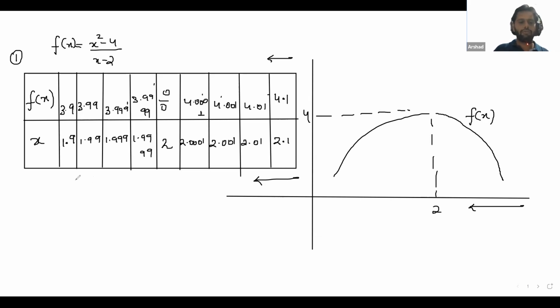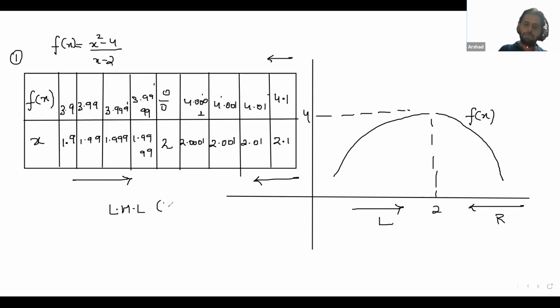Okay, so if you are approaching this 2 from the left side, then this value f(x) will approach 4. So we can say when this is RHL, from the right side. If we are approaching this value from the left side, then we can see that the function is again approaching the value 4. This is called LHL.